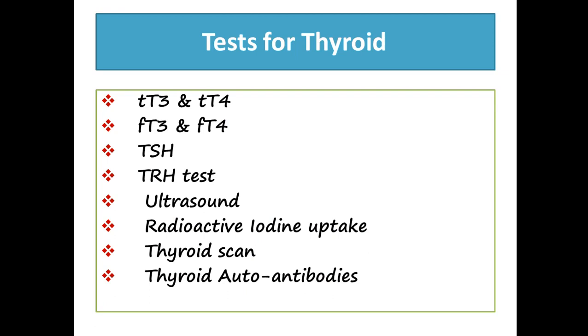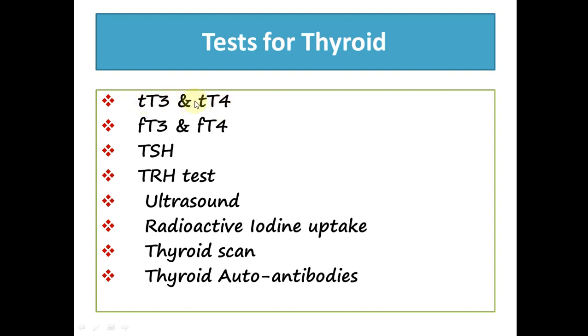Now, during abnormalities of the thyroid hormones and thyroid gland, we do certain tests. The total T3 and total T4 represents the protein bound thyroid hormones. As I mentioned, the thyroid hormones in the blood, they are mostly bound to thyroid binding globulin, albumin, and prealbumin.